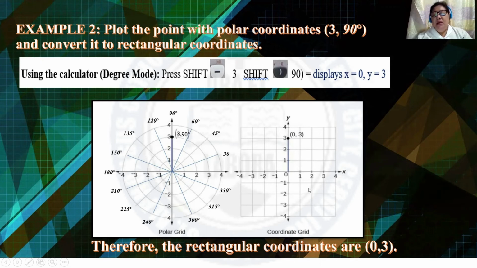And using the coordinate grid, count 1, 2, 3 and mark a point here, and this is now equivalent to 0, 3 as the equivalent rectangular coordinates of 3, 90 degrees as our polar coordinates.